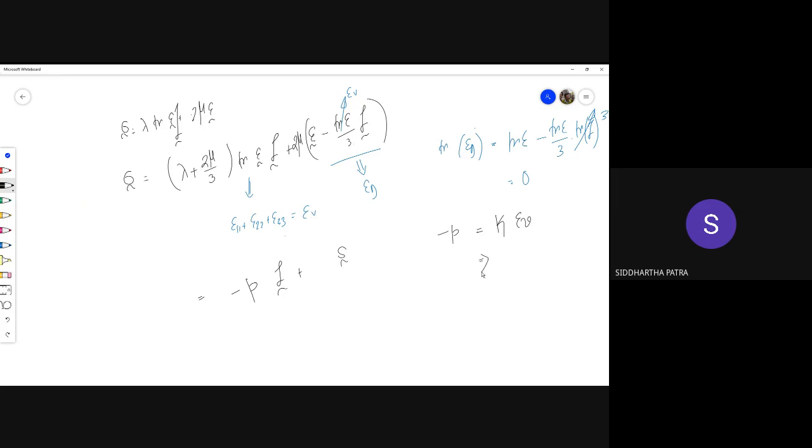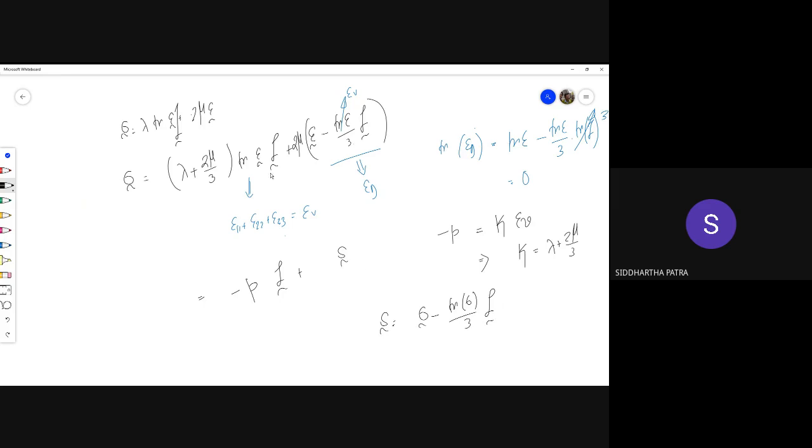So from this relationship you would get that k happens to be lambda plus twice mu by 3, and s simply happens to be, so what is s? s is essentially sigma minus trace of sigma divided by 3 times I.